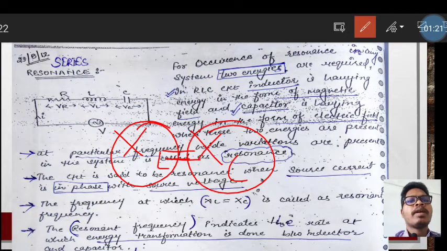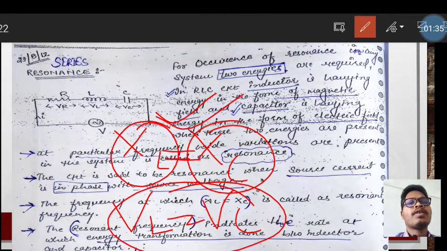In that condition we call the element to be in a resonance condition. When the voltage of the inductive element and the voltage of the capacitive element are in phase opposition and cancel each other, that condition is also called a resonance condition.